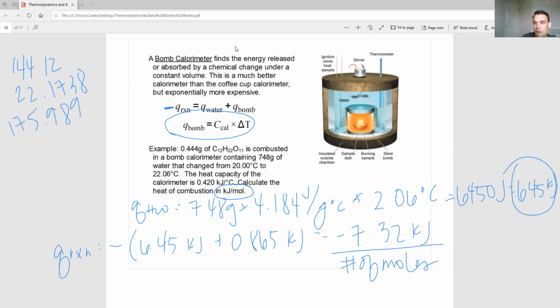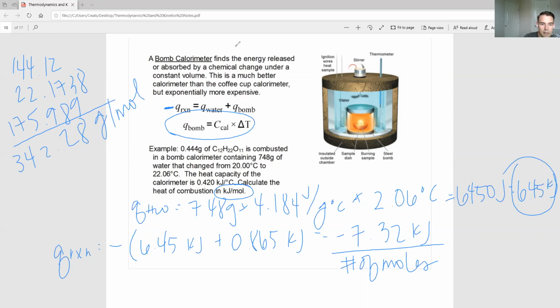I'm going to add all those up, and that's my molar mass.